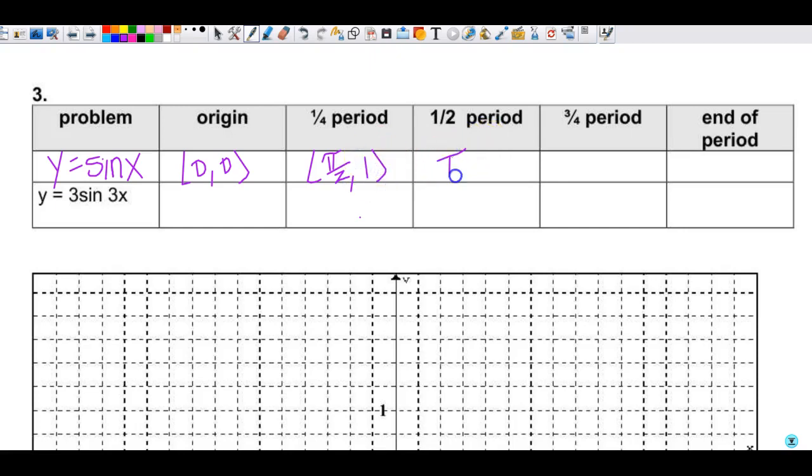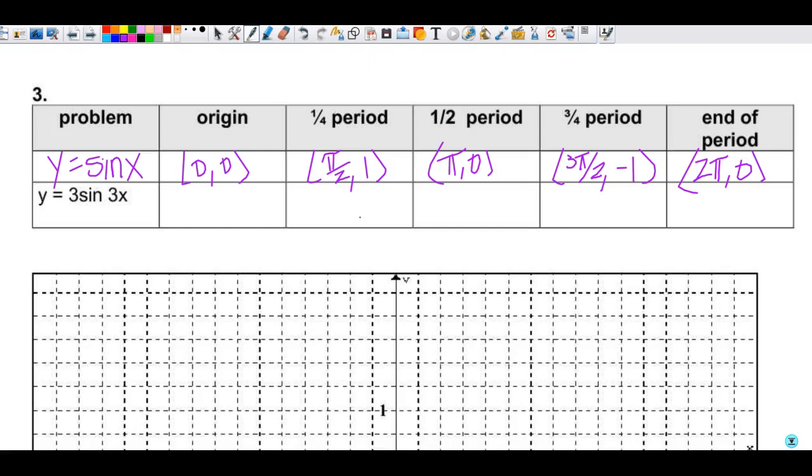We get pi, 0, 3 pi halves, -1, and 2 pi, 0. And on this one, we're going to actually adjust this just a little bit, because we haven't had one on here that has a horizontal shift on it, and I want you to have an example with that. And I had already had these printed out.